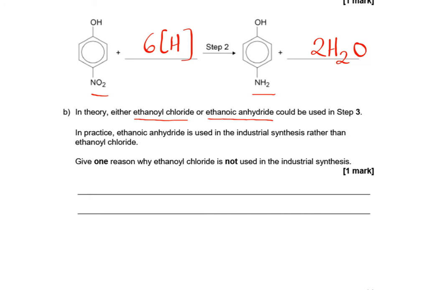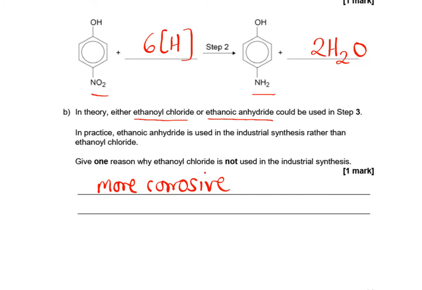You might have also gone for it forms HCl fumes, or it's vulnerable to hydrolysis, or it's dangerous to use. You could have said the ethanoyl chloride is more expensive, reacts violently.